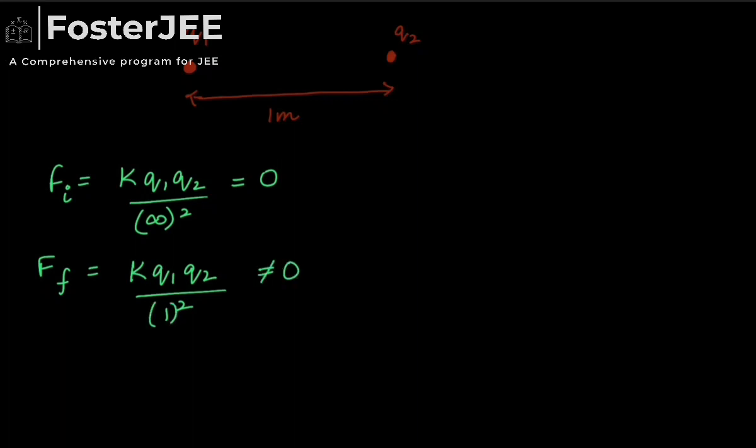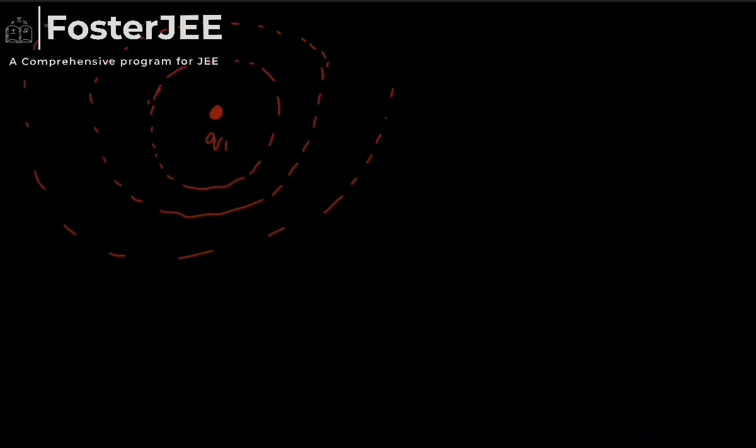So what happened when it comes closer to it? Why only after coming closer to q1 does q2 experience some force? Its answer is simple: q2 or q1 creates some electric field around it, and the intensity of the electric field decreases as we move away from this charge. As we can say, these lines are fading.